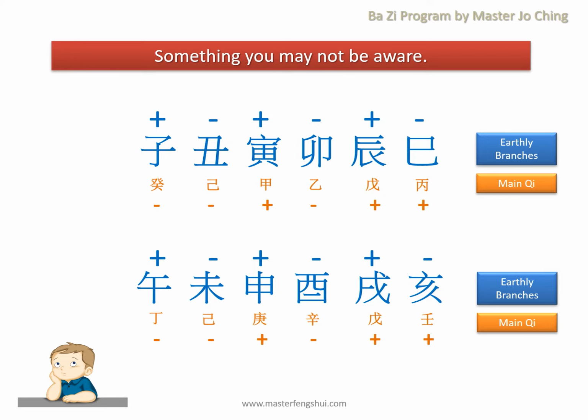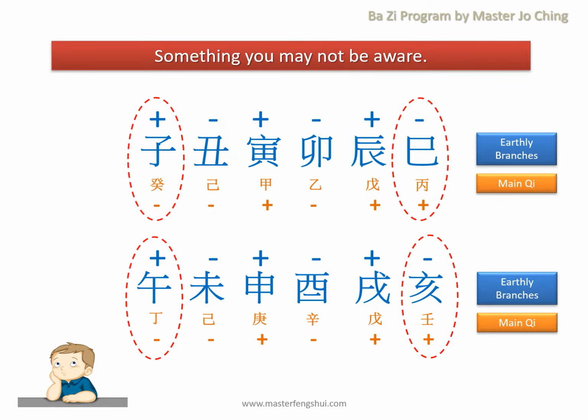There's something you may not be aware of. Alright, so we have actually covered this, right? In the previous page. Something that you may not be aware of as a practitioner or as a beginner in Bazi study. These 4 branches actually have a different polarity from the main qi hidden stem. Say for example, Zi.